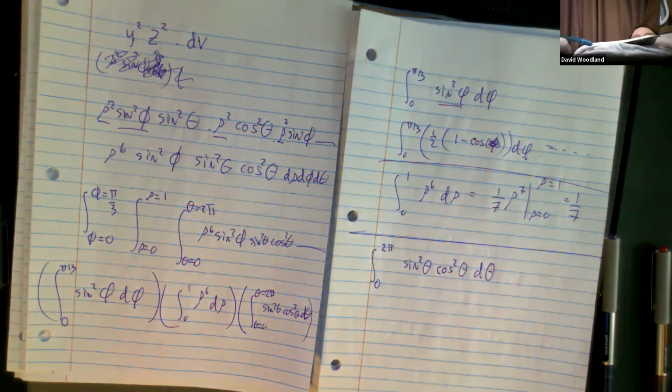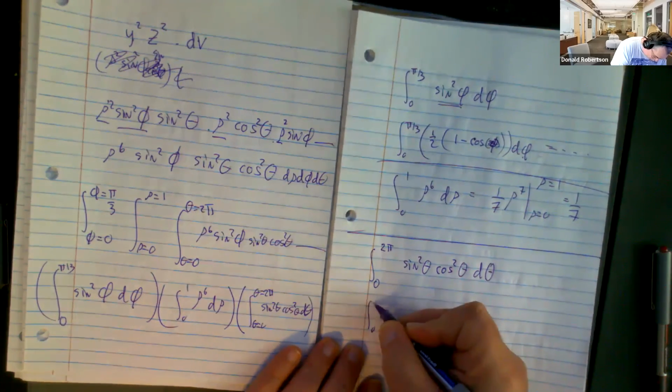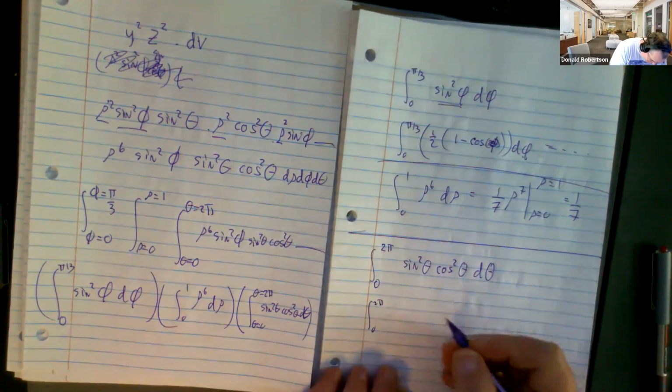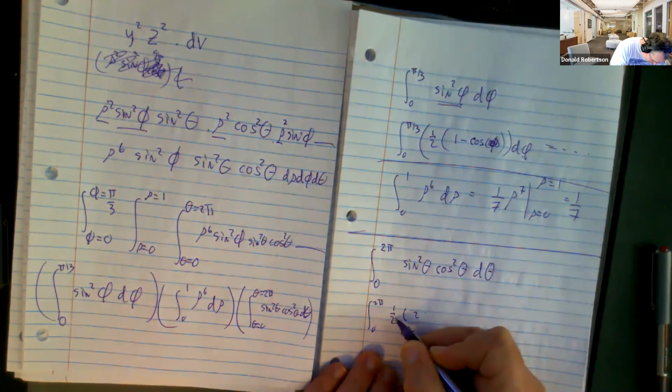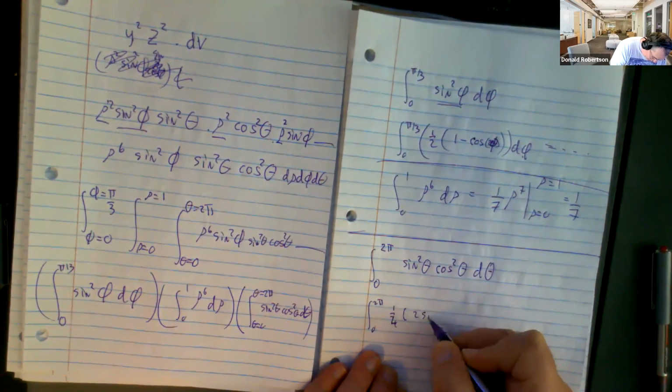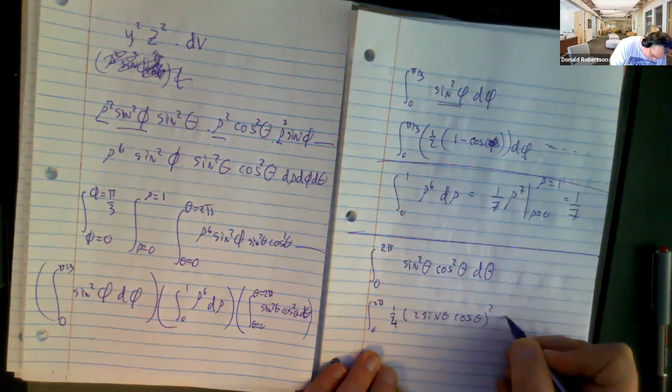Use the double angle formula to sine theta, cosine theta, and then use it twice. Oh, interesting. So a half, oops, it'll have to be a quarter. 2 sine theta cosine theta squared.